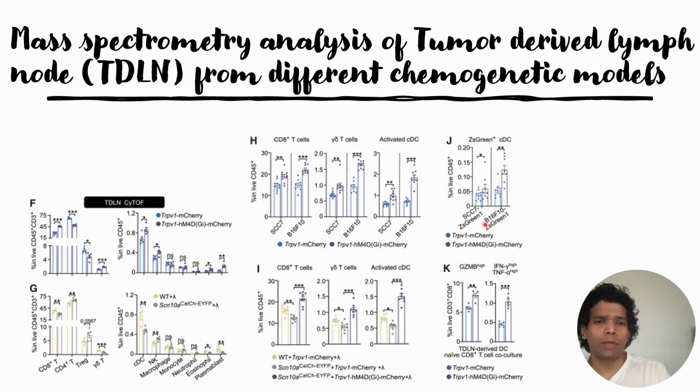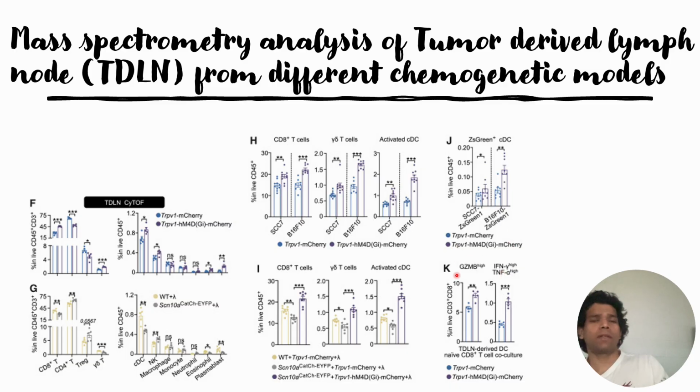Compared to the control, where they don't have ZsGreen tumors, they are able to see enhanced ZsGreen signal for both tumor cell infected mice, indicating that conventional dendritic cells play a role in killing of the tumors in the chemogenetic inhibition method.